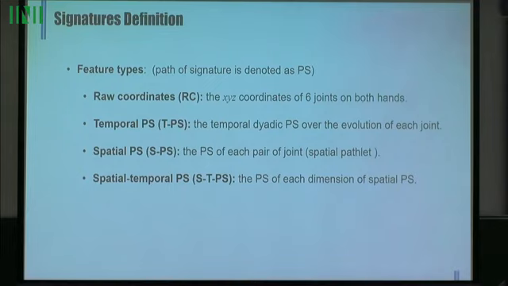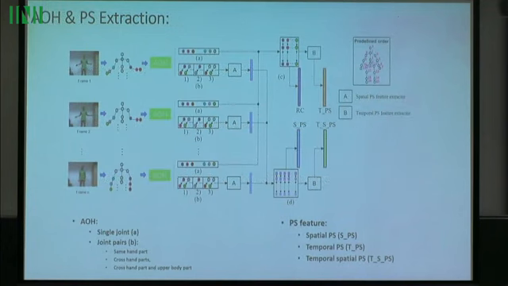And we define the spatial path signature on a pair of joints, which means in a certain frame, I want to study the joint-wise relationship. I define that as a path, and then I define a signature of signature to characterize the spatial-temporal signature. So this is the whole framework.